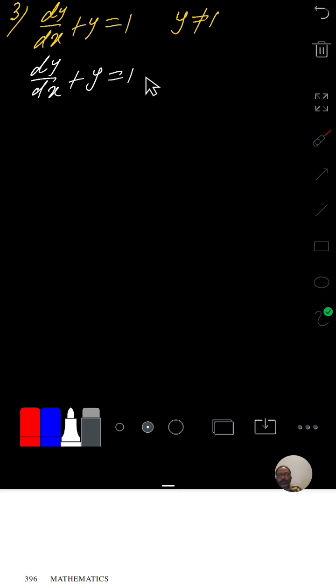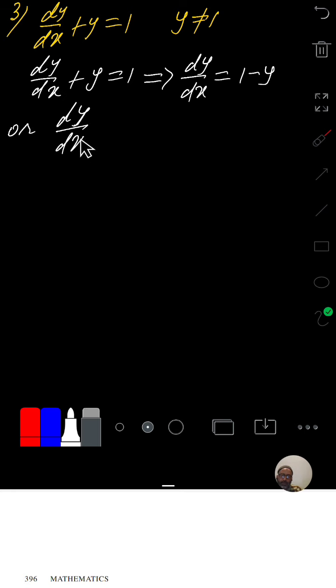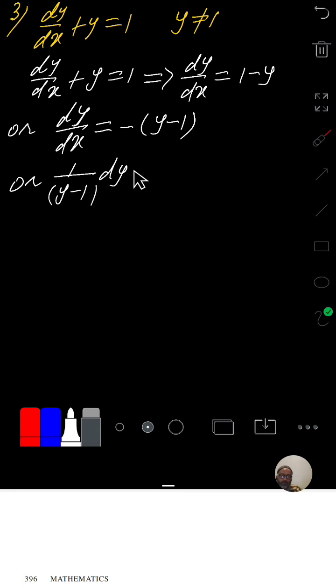Transposing y to right hand side, we may write it as dy upon dx is equal to 1 minus y, which may be written as minus y minus 1, taking minus common. Transposing y minus 1 to left hand side and dx to right hand side, we may write it as 1 upon y minus 1 dy is equal to minus dx.